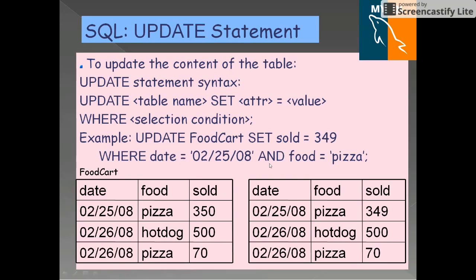The and can alternatively be used with or, but the difference between and and or is that when we are using and, the two conditions before and after the and must be satisfied at the same time. If any of them is false, it cannot perform the operation. And the or statement means either side of the condition must be true.